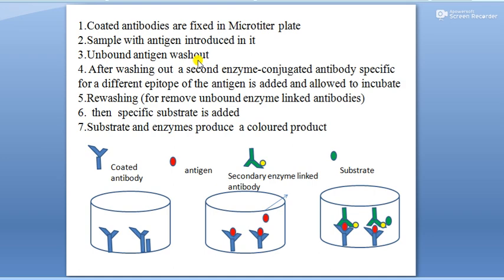Next step, after washing out, a second enzyme conjugated antibody specific for a different epitope of the antigen is added and allowed to incubate. What happens? An enzyme linked antibody, as you can see in these pictures, the green color antibody which is linked with the yellow color enzyme, is added, and those enzyme linked antibodies attach to those antigens, right.